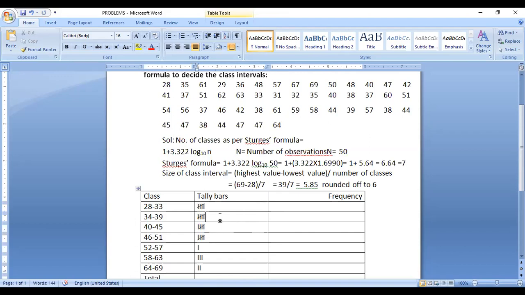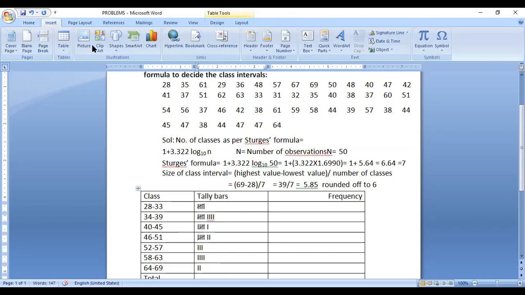38, give some gap. 37, 60, 51, give some gap. Next one. 54, 56, 37, 46, 42, give some gap. 38, 61.